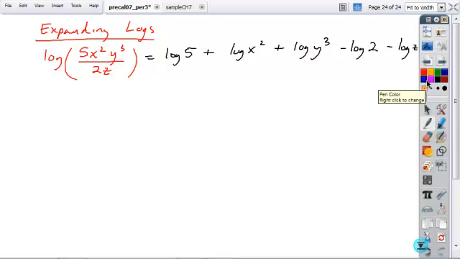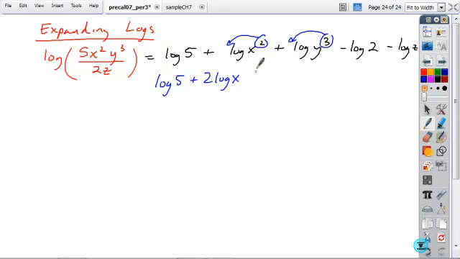Okay, we can continue to simplify this by bringing our powers out front in these two terms. And so our simplified answer winds up being log 5 plus 2 log x plus 3 log y minus log of 2 minus log of z.